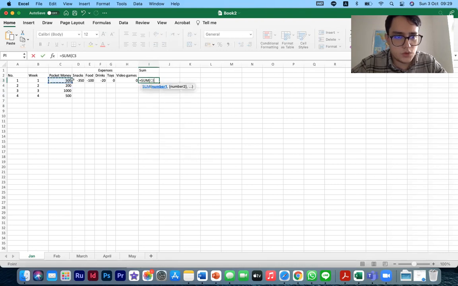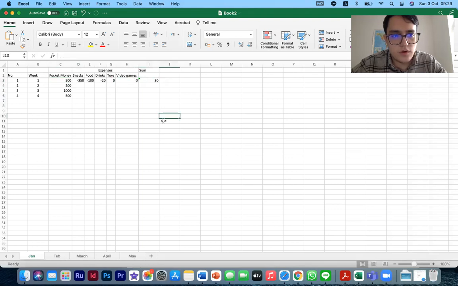And you can choose easy. Press enter. So this means that the leftover of your money is 30. So this was your total amount, 500, and then after you spend money, you have 30 left for week 1.